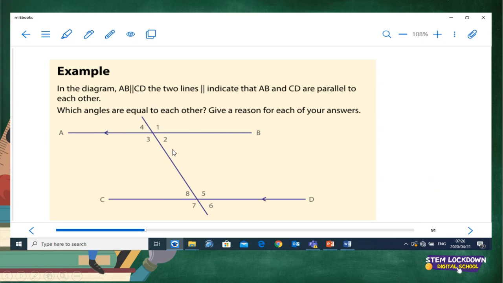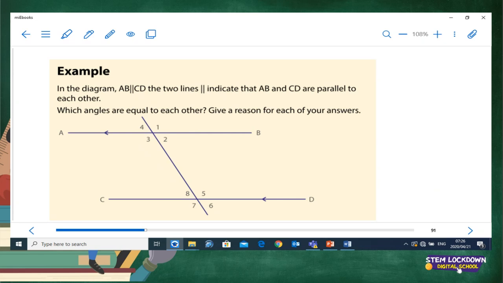You can see with the sign there, which angles are equal to each other, and give reason for your answer. I can already see that we've got quite a number of angles that are equal to each other there. I can see angle 1 is equal to angle 3, angle 2 is equal to angle 4. And those are vertically opposite angles.